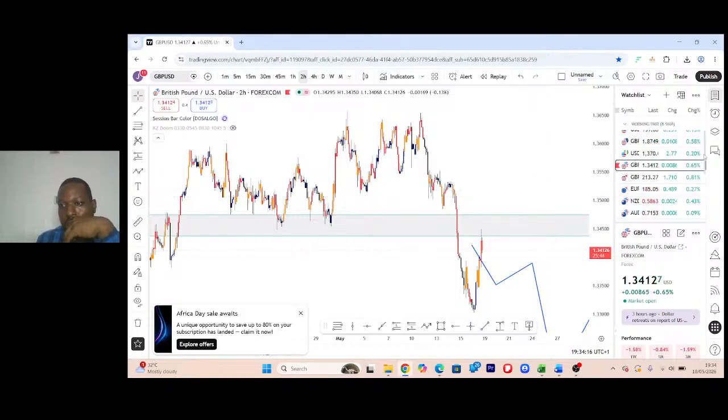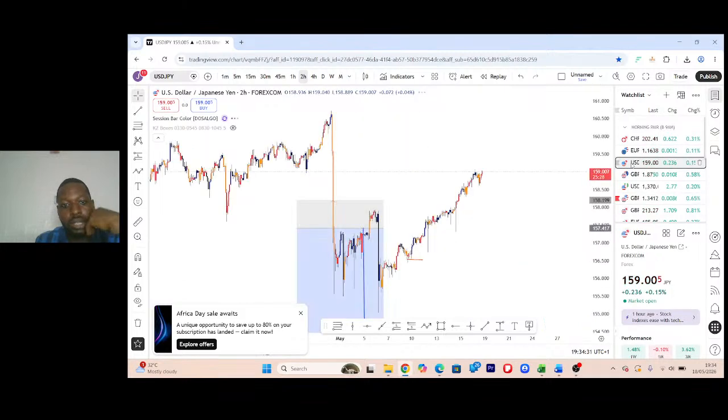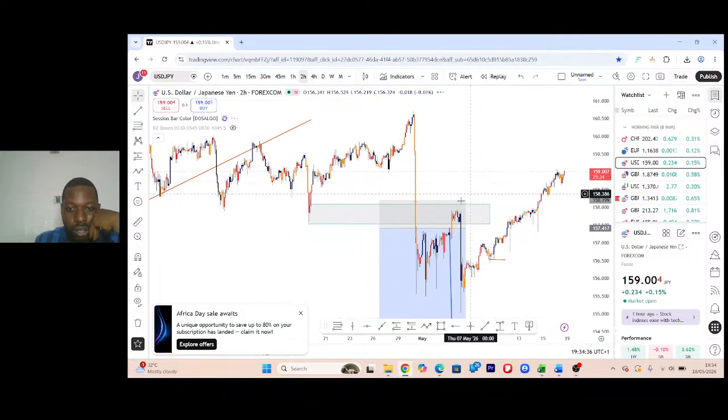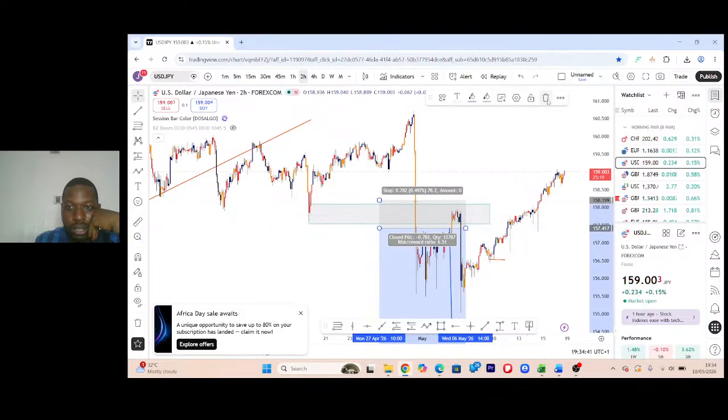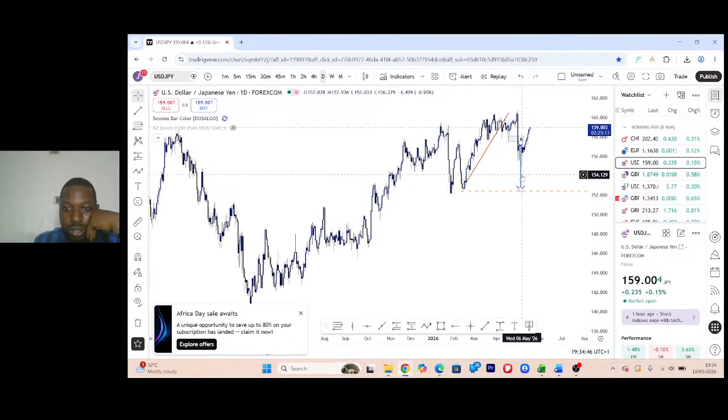Then the next pair that we'll look out for is USDJPY. So you can see that price didn't go as expected.